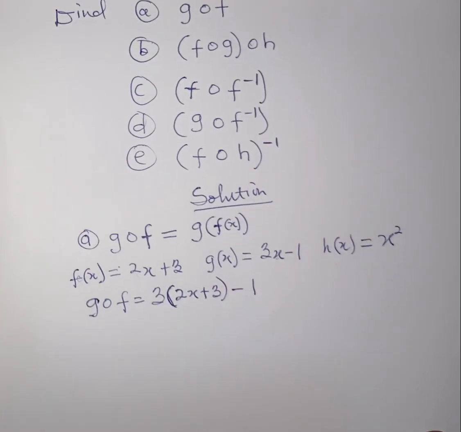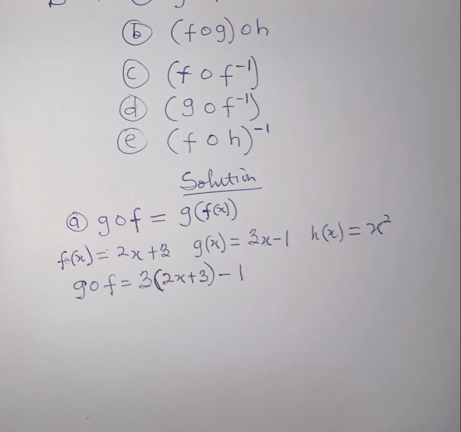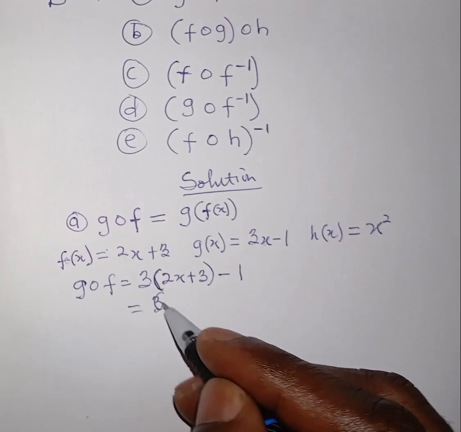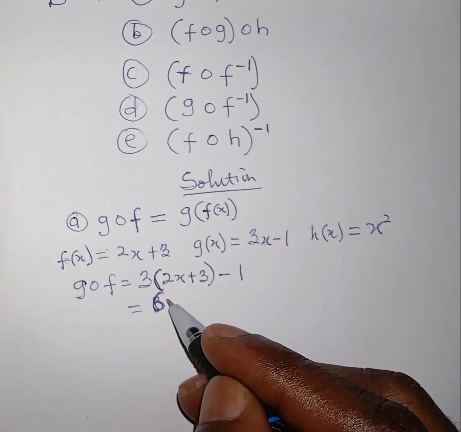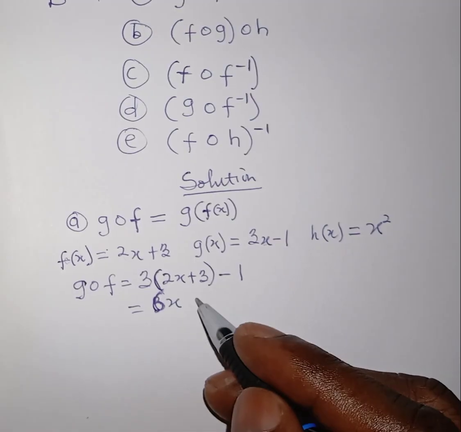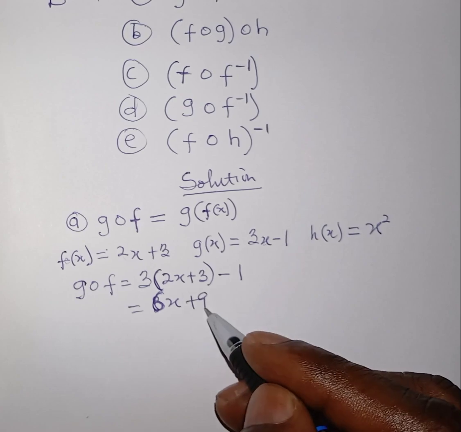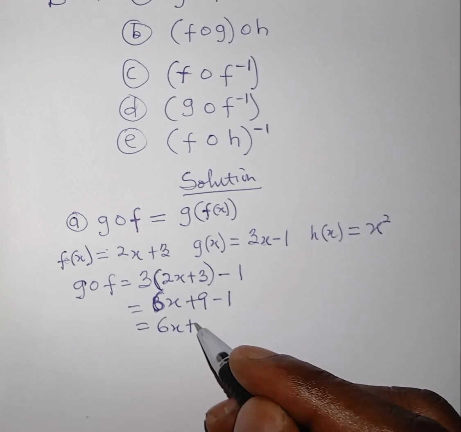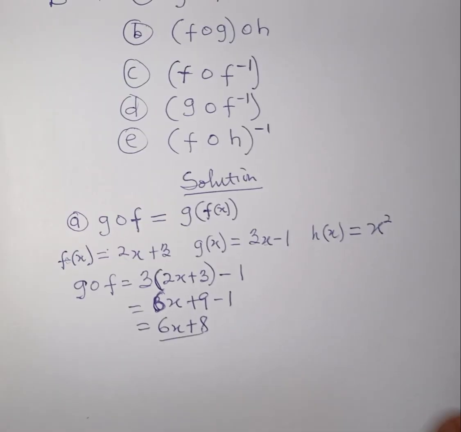Okay, good. So I'm going to open brackets. Now 3 times 2x gives me 6x. 3 times 3 gives me plus 9 minus 1. And my final answer is 6x plus 8. And that is it.